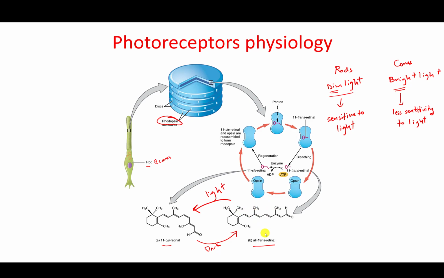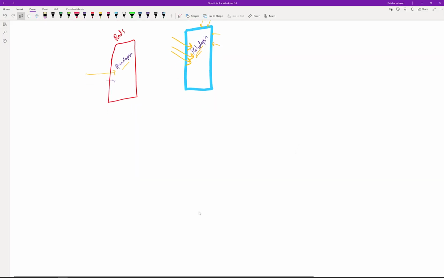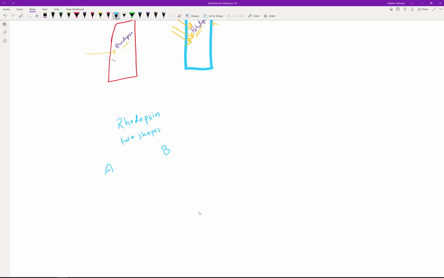We will call it position A, or shape A, and it will move into shape B during light. But when there is no light hitting this particular rhodopsin, it will convert back to A. In other words, the rhodopsin has two shapes, A and B, and it switches between them.